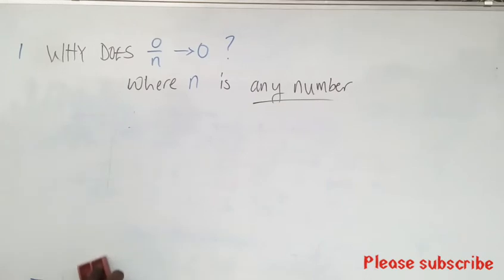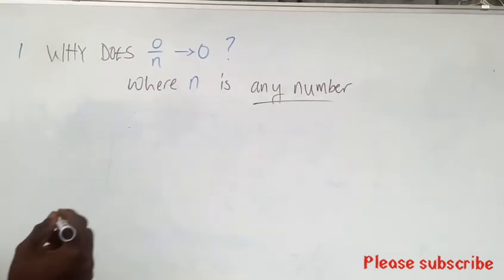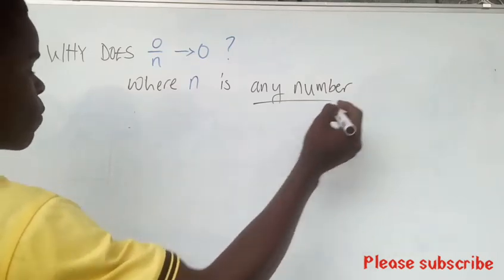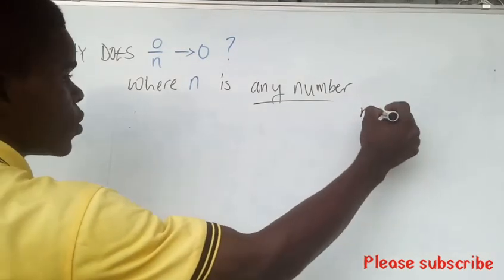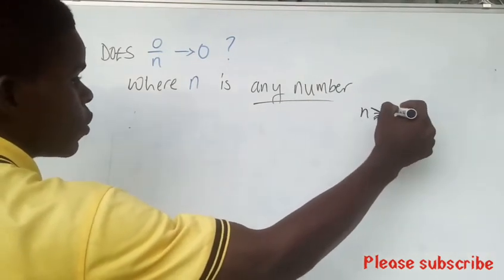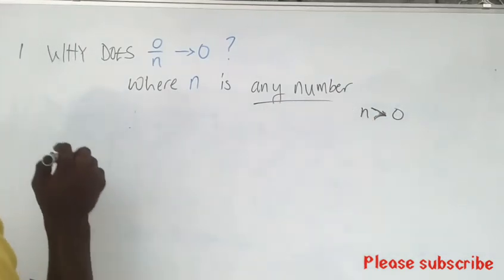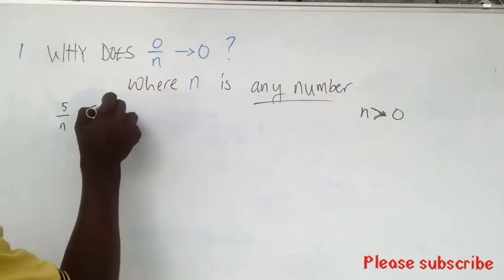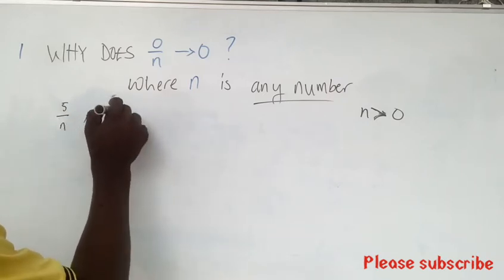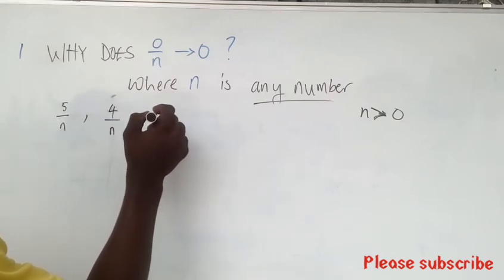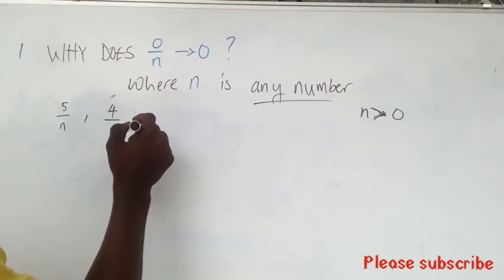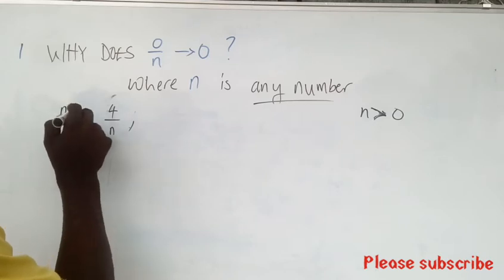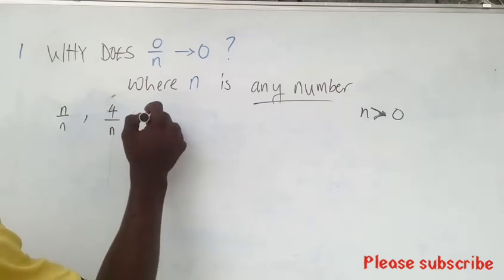Let's use any number n, where n is greater than 0. Let me start this way: n over n, 4 over n.